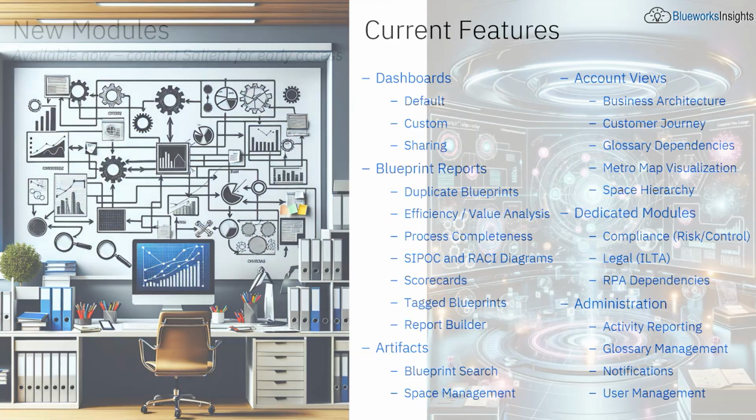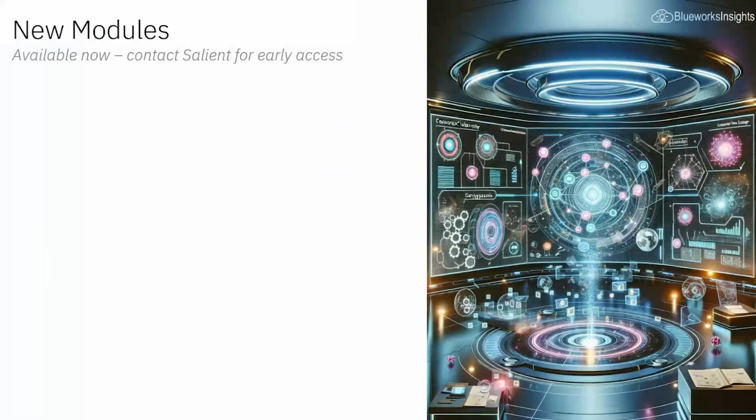But I do want to highlight some of the things that are just being introduced now. So a lot of you that use Blueworks Insights today, you've been kind of patiently waiting for these. These are now available as kind of early access, so please get in touch. If you know Salient, you know that we do have a number of other accelerators.